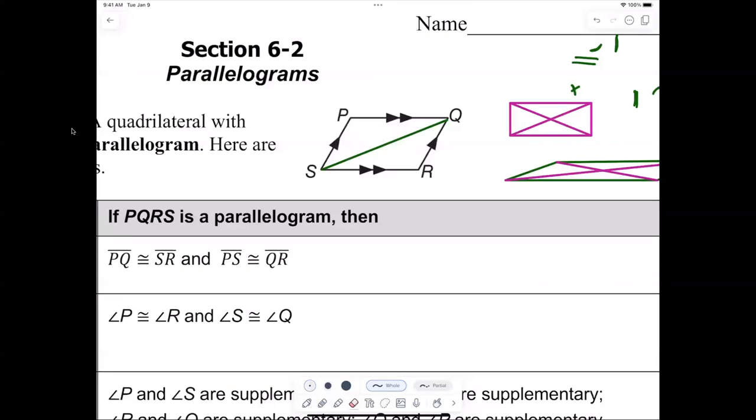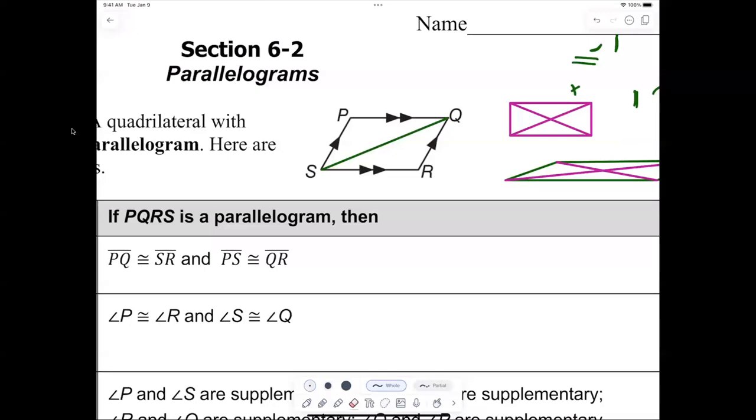Therefore, the two triangles are congruent by what? Right, side, side, side. So it's easy to see. So triangle SPQ is congruent to triangle QRS.